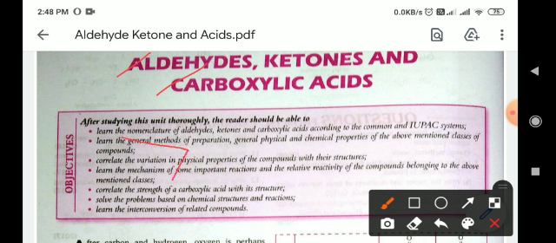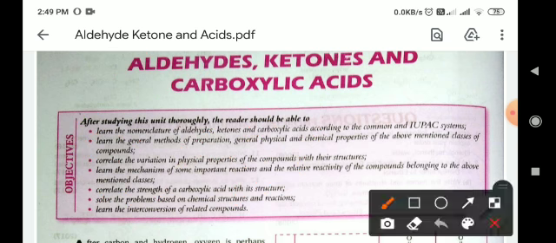C double bond O is known as a functional group, the carbonyl group. If in this carbonyl group there is one alkyl group and one hydrogen present, then it is known as an aldehyde. This is the general formula for the aldehyde.